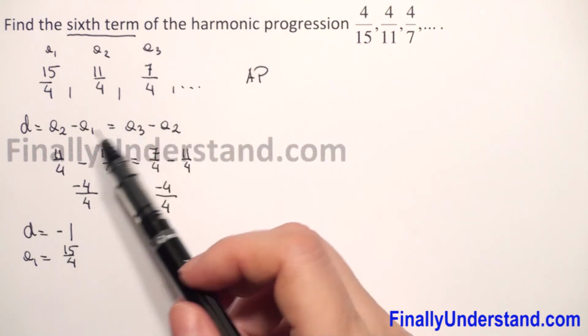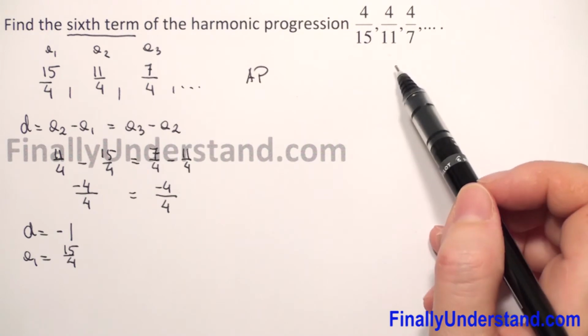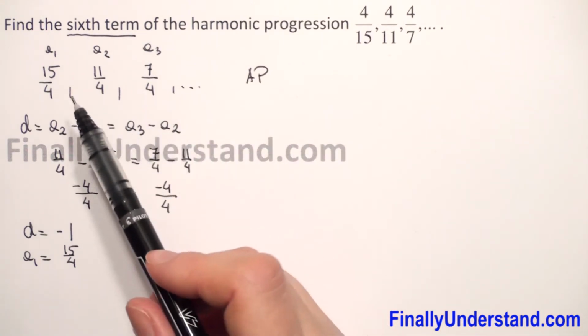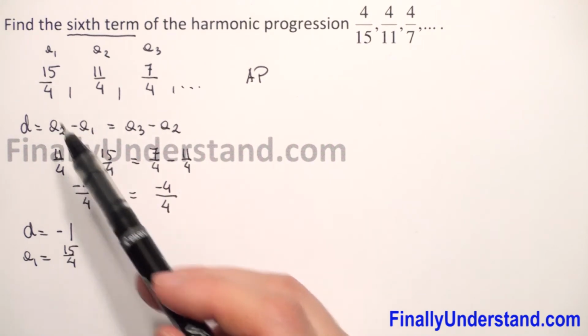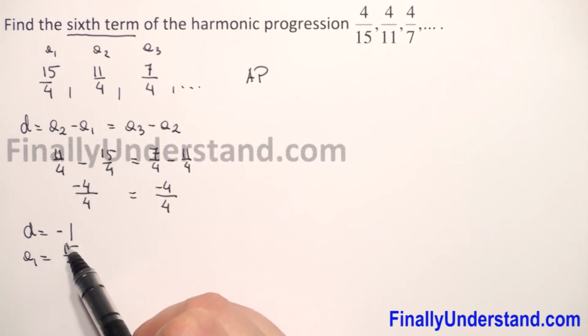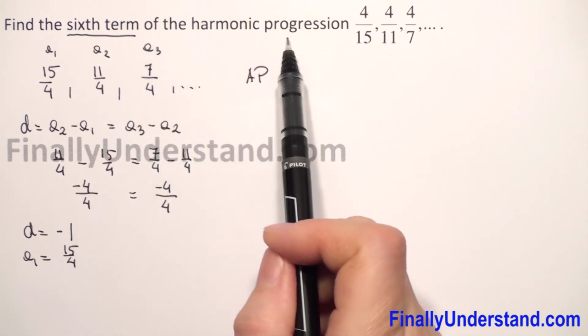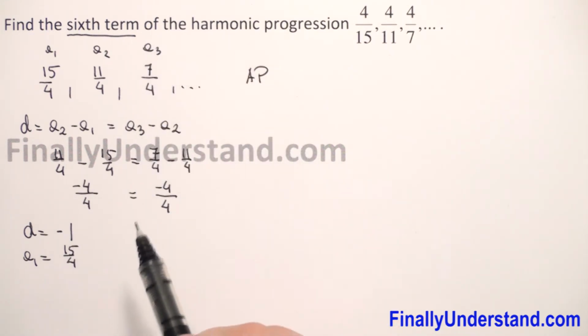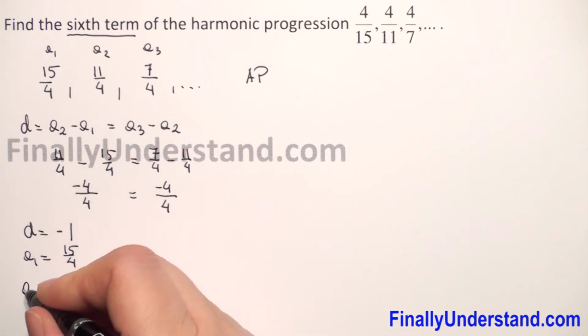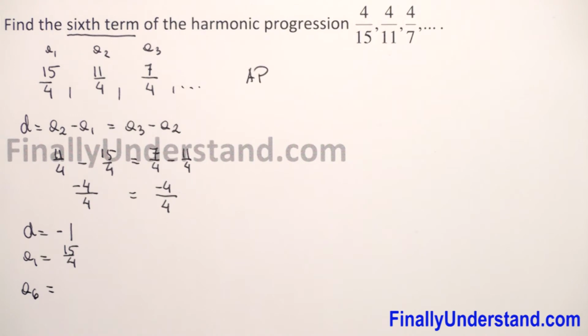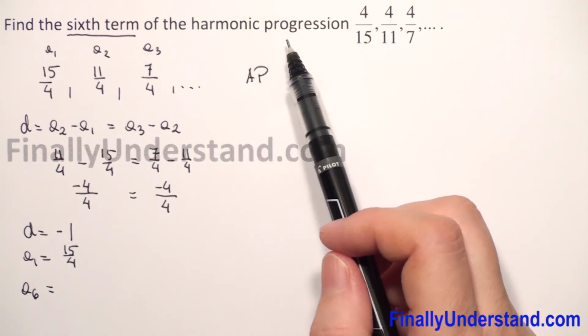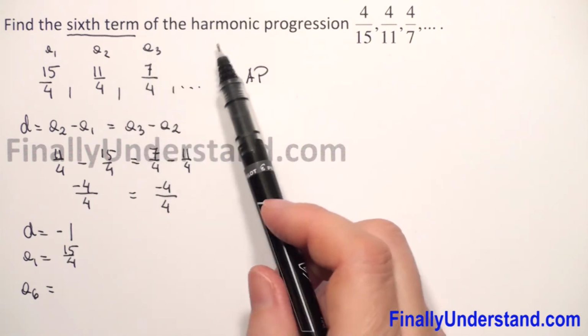We calculated that when we take the reciprocals of these three terms, we have an arithmetic progression with first term a1 equal to 15 over 4 and common difference d equal to negative 1. So to find the sixth term of the harmonic progression, we have to find the sixth term of the arithmetic progression, and then take its reciprocal to get the sixth term of the harmonic progression.